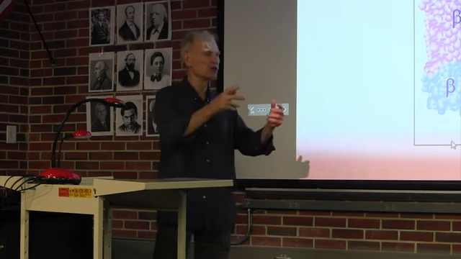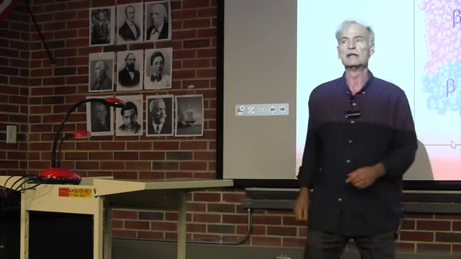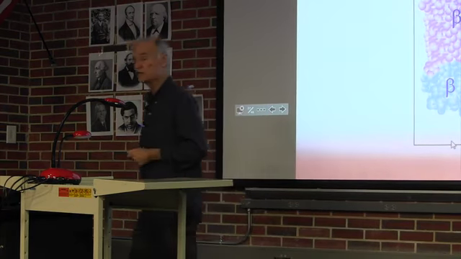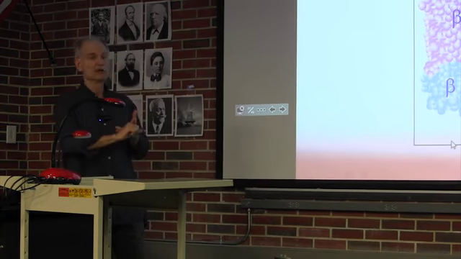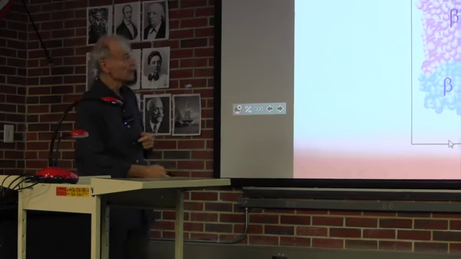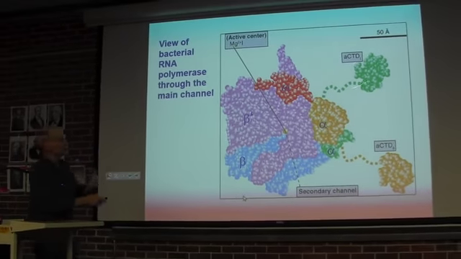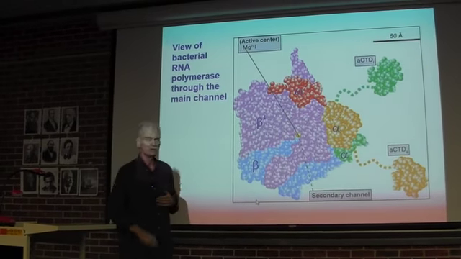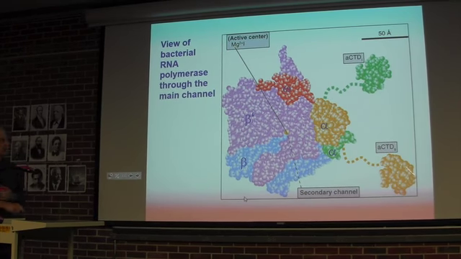That's the one that has this long CTD that strings out behind it that has binding sites for RNA processing, capping, poly-A addition, lots of stuff. So the idea is quite ancient that you can put strings on the end of your polymerase for regulation. We only keep that motif of regulation for Pol II, but we really exploit it.